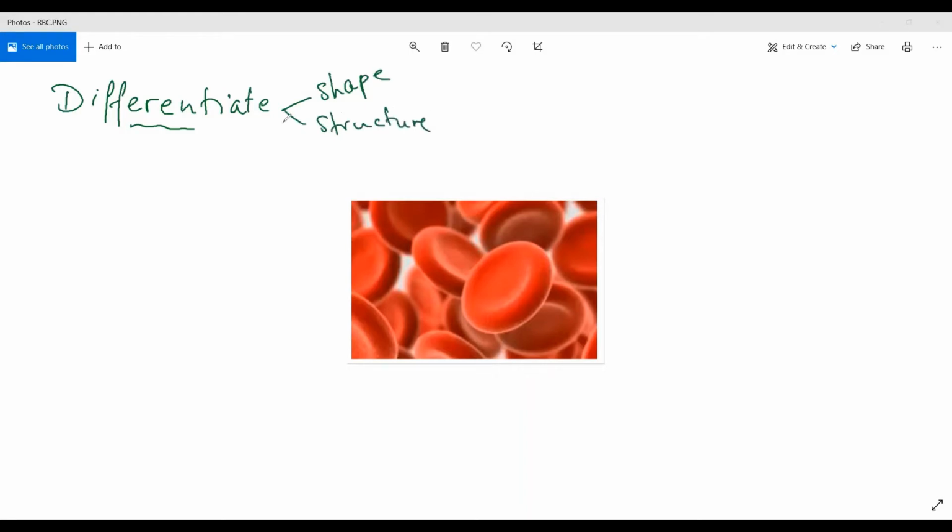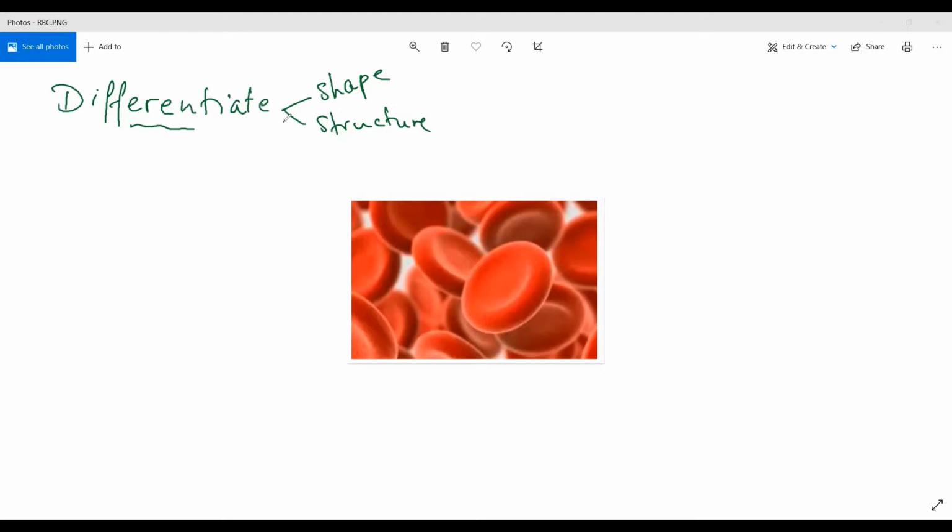Now, why do they have to differentiate? Because each group of cells will be responsible for doing a certain function in the body. And when all the body organs work in harmony, this organism will be kept alive.